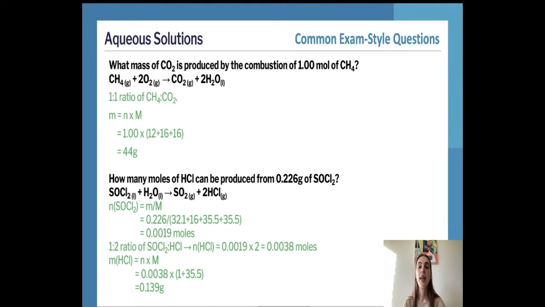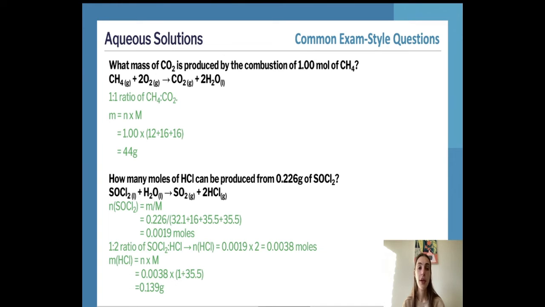So we want to see how 1 mole of CO2 turns into a mass. So we can use mass equals moles times molar mass. And so we know that the number of moles is 1. So we can do 1 times the molar mass of carbon dioxide.